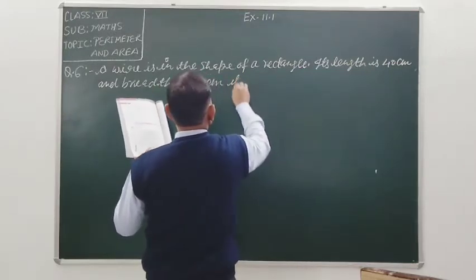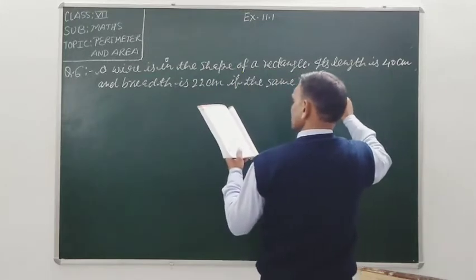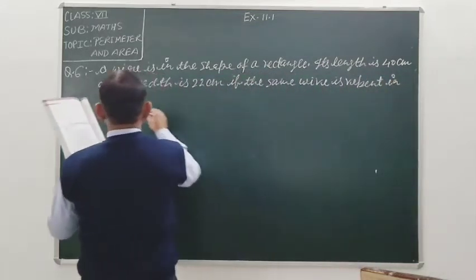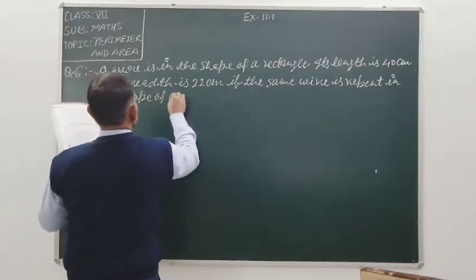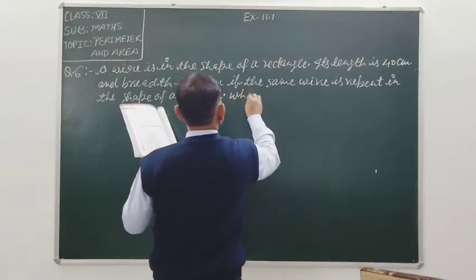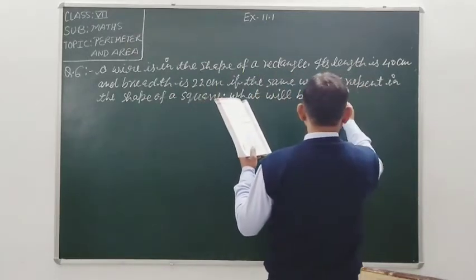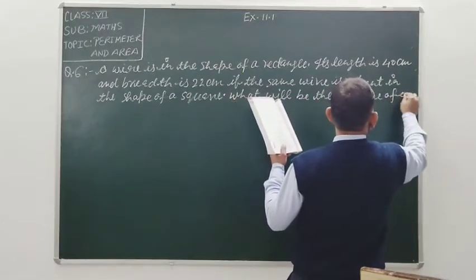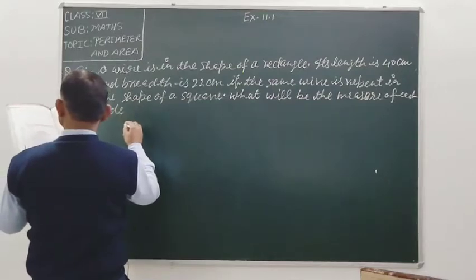If the same wire is reshaped in the shape of a square, what will be the measure of each side?